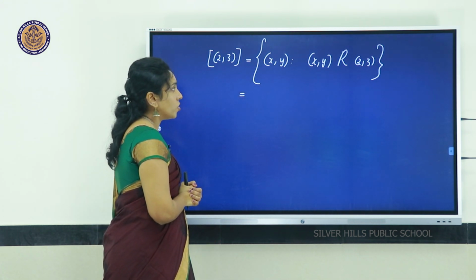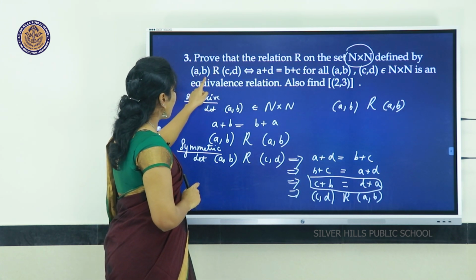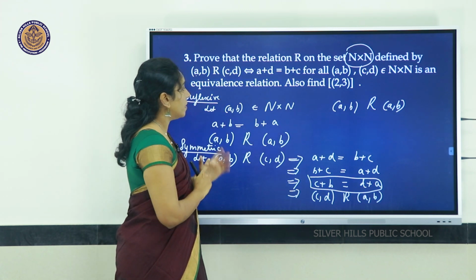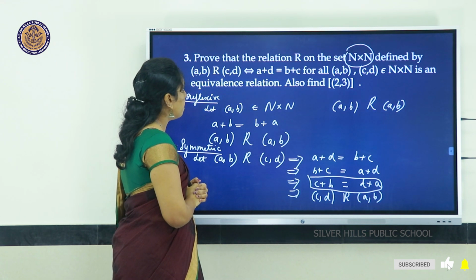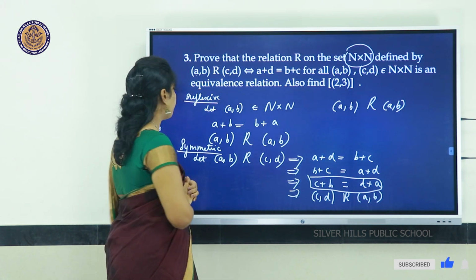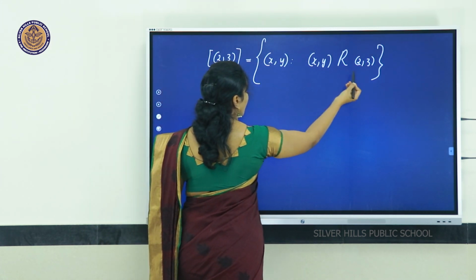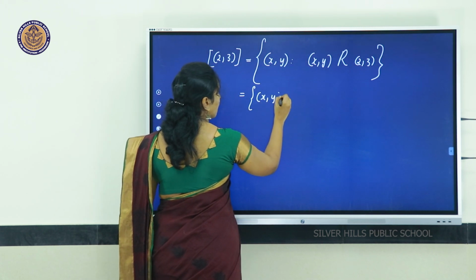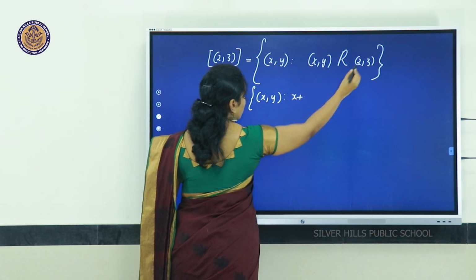Now, what was the relation? Let us check what was the relation in the question. If AB is related to CD, then A plus D is equal to B plus C. That was the relation. So, now if XY is related to 2, 3, I can write set of all ordered pairs XY such that first one is X and the last one is 3.